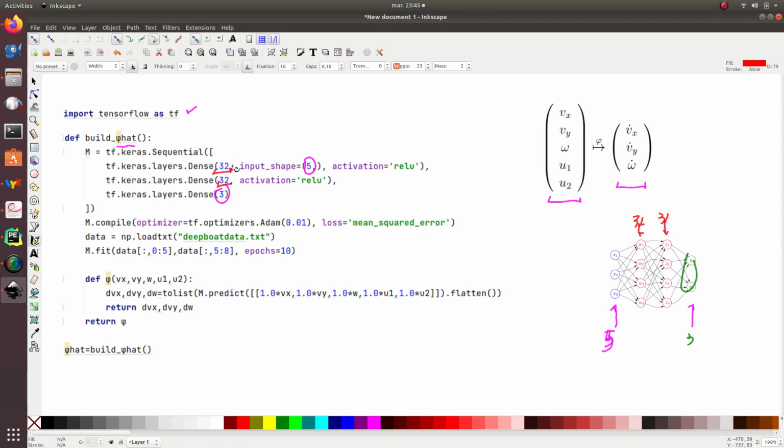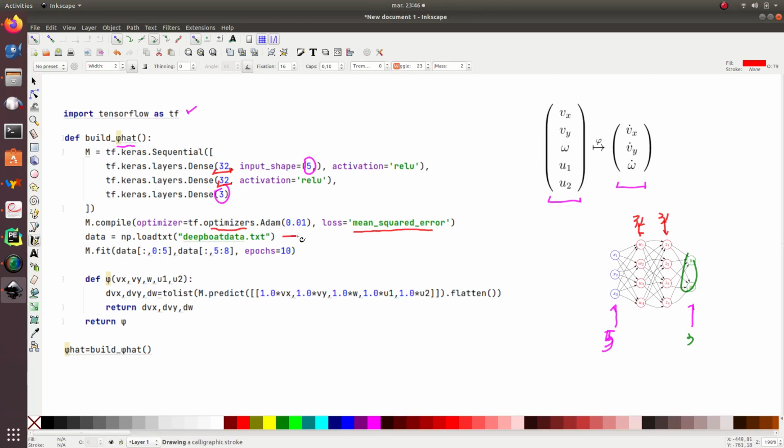Of course I can put more, and the approximation will be better, but the computing time will be larger also, so I have to take care of this. Two hidden layers is quite classical. Then I tune my optimizer, and the optimization will be done with a mean square error criterion.